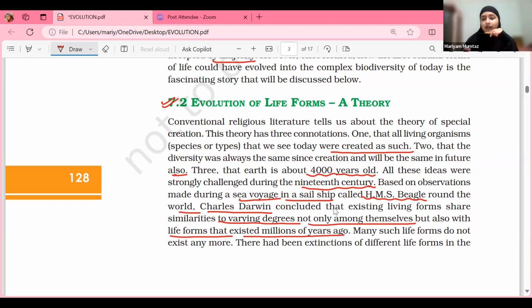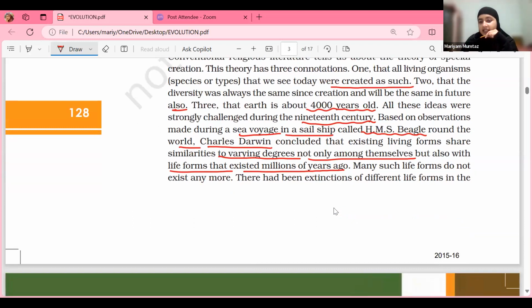Okay, so whatever organism or life forms are present in today's world, they have some sort of similarity to the ancestral time. Now many such life forms do not exist anymore, right? Like mammoths, not there, not anywhere, right?